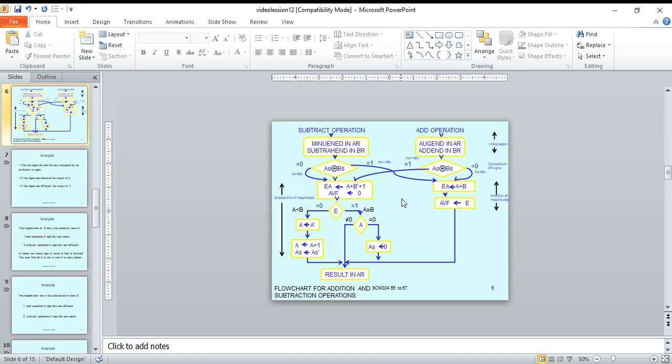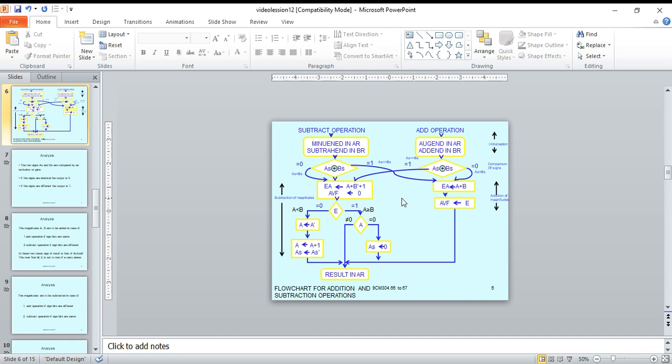For this we add 1 to get the two's complement form. So 1 plus 1 is 0, carry 1; 1 plus 1 is 0, carry 1; and 0 plus 1 is 1, and 1. So 1 1 0 0 is the two's complement result.